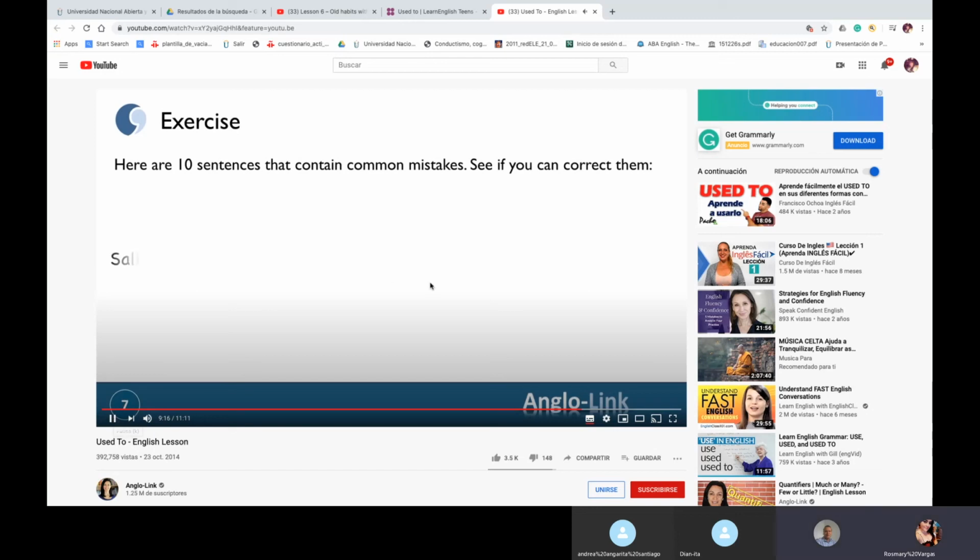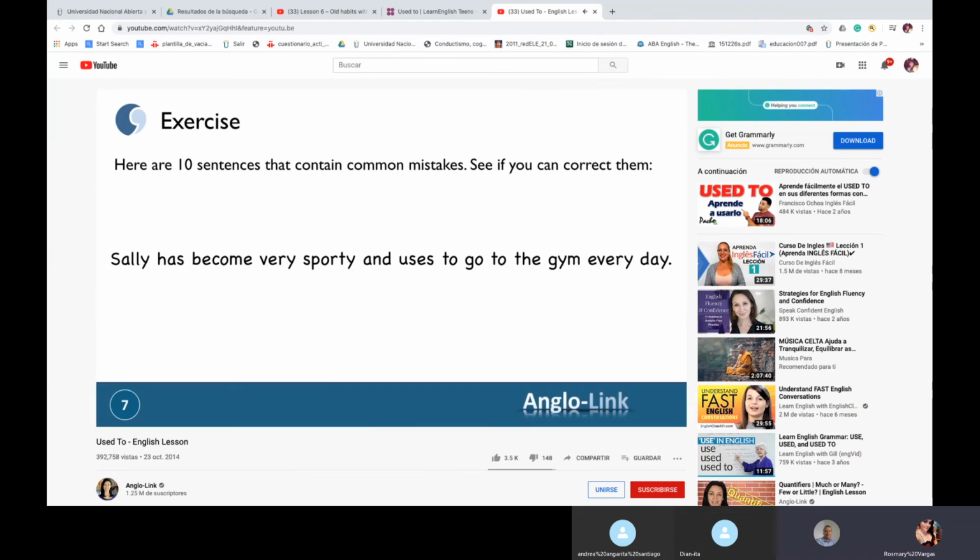Number 7. Sally has become very sporty and uses to go to the gym every day. What is the mistake here? That is in present.